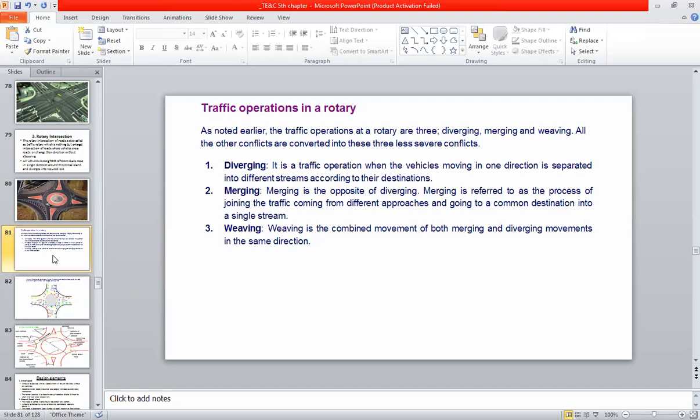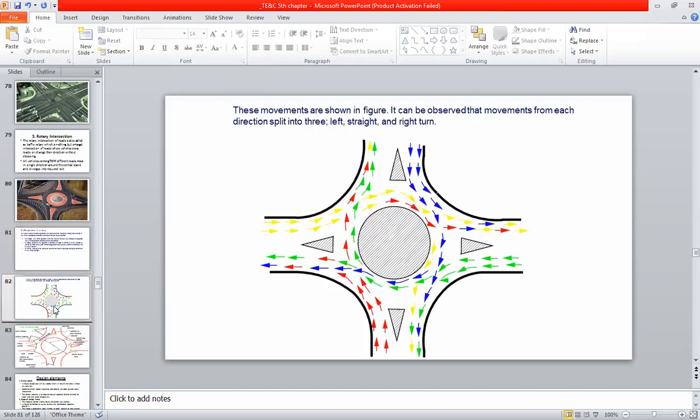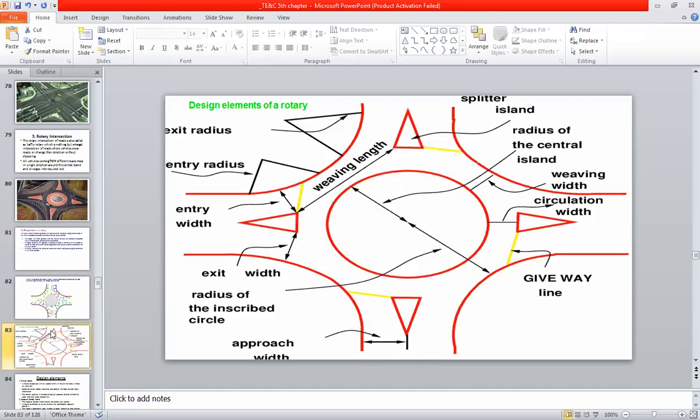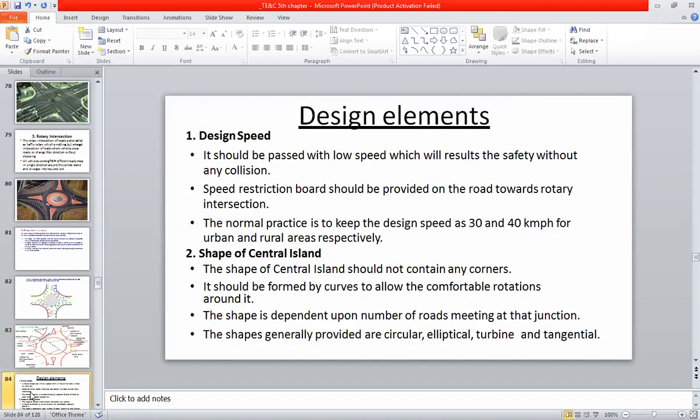Then we discussed the design elements of rotary, in which we discussed the various points such as weaving length, entry width, exit width, radius of central island, how much should be the radius of central island, and the design speed.